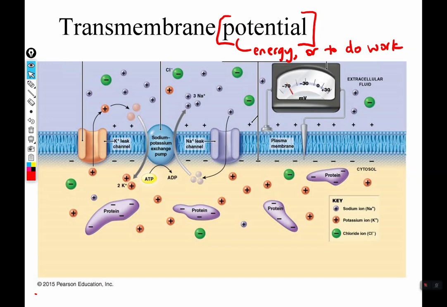So batteries are chemical potential energy that is stored up in a little package. When you separate chemicals in a certain way, it represents potential energy that can be used to do work. So when you put batteries in the little player and then you flip it on, the energy coming out of the batteries is the separated chemicals becoming less separated from each other, and that releases electrons that are able to then turn the potential energy from the battery into kinetic energy, which is the energy of movement.